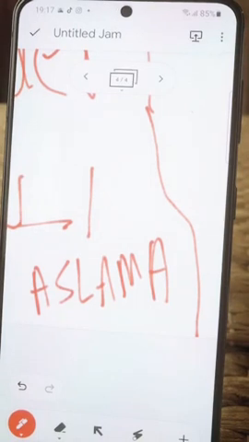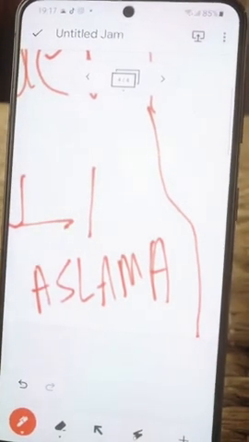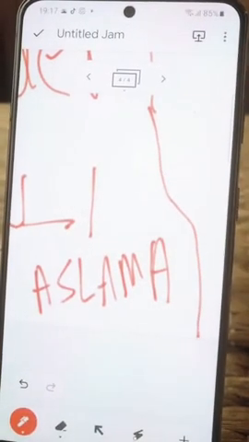מה שלומך, it's how are you, right? If מה שלומך is how are you, then there's no... Okay, so let's do like this.